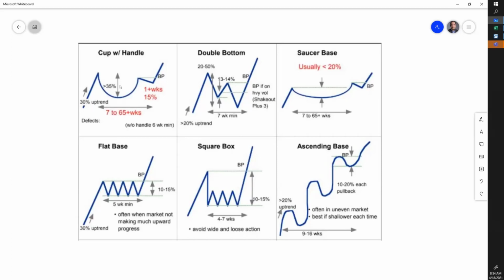And then, the way they think about yung mga cup structures kasi, hindi niya kailangan i-retrace all the way to the high of the previous run-up. Usually, retracement will occur 50 to 60%, and then it starts forming a handle.